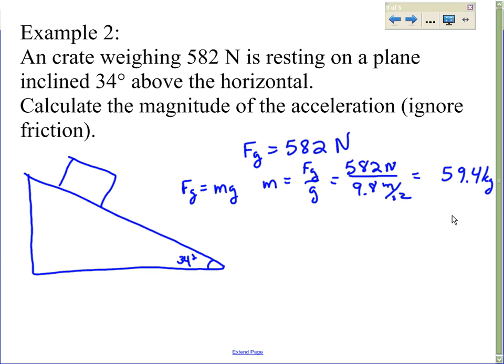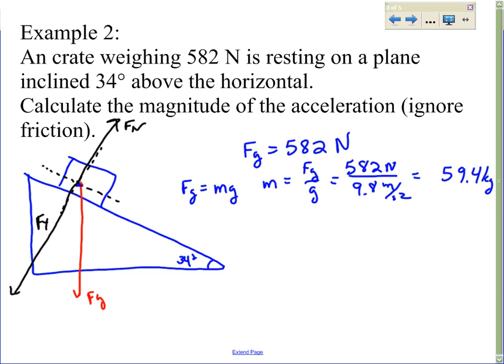Okay, let me show you some forces. Weight, straight down, Fg. Now, pretend you have an XY coordinate system centered on the center of mass of this box. So there's your x direction, and there's your y direction, and that's going to be my Fy, which is equal to, on an inclined plane, the normal force.